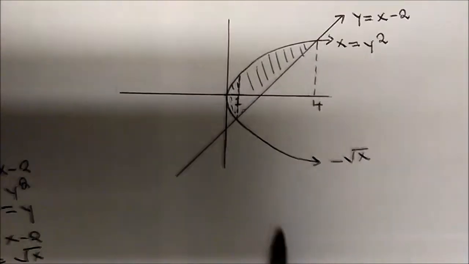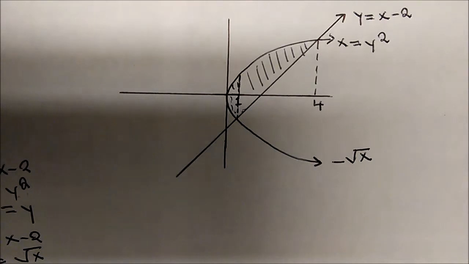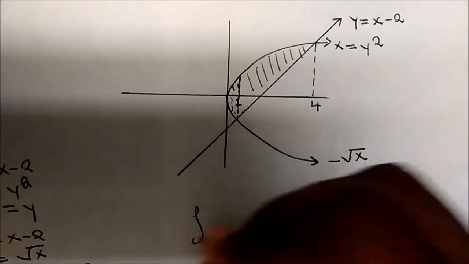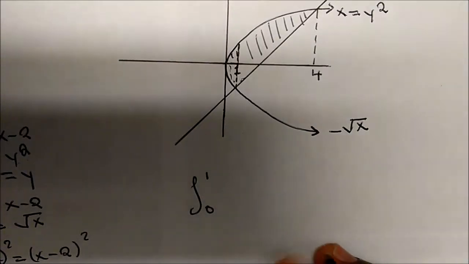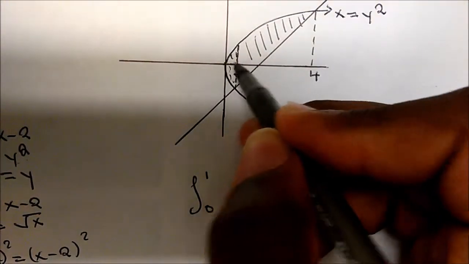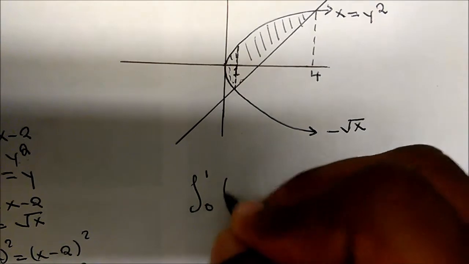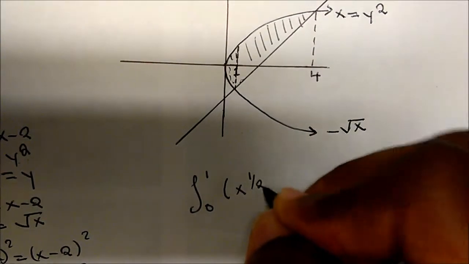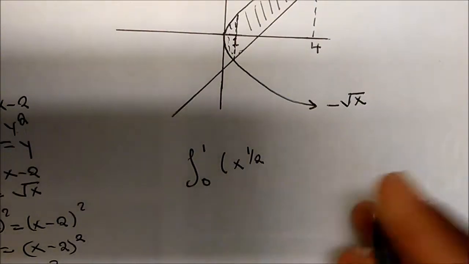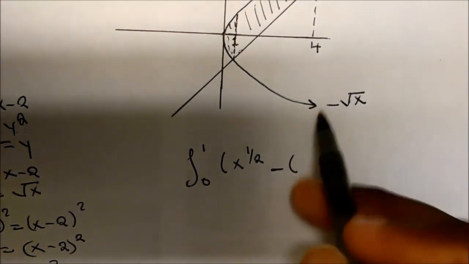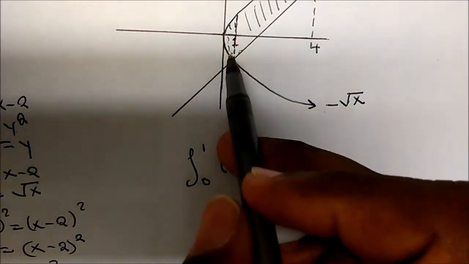So if you want to integrate this with respect to x, then this will be the integral from 0 to 1 of, well, what's our top function from 0 to 1? Our top function is the square root of x. So this will be x to the 1/2, the same thing as the square root of x, minus, well, we have a minus the square root of x here.